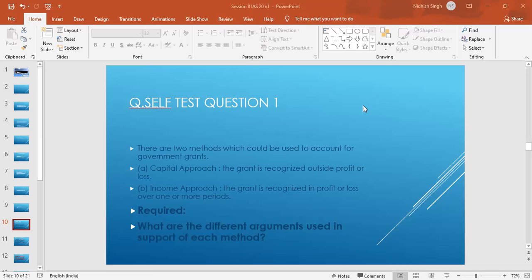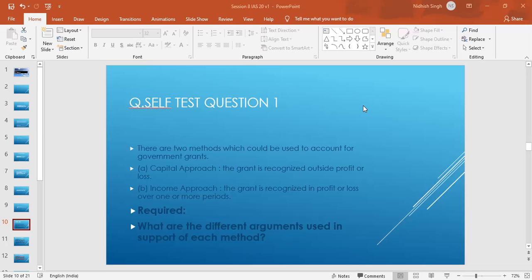Because ultimately, if you see, government is not an investor into this. So some argument goes like this: the government is not the investor, so why reflect that in the capital approach? And the second argument, which again favors the income approach, is that government has provided the grant for your day-to-day operations, for your ongoing business.